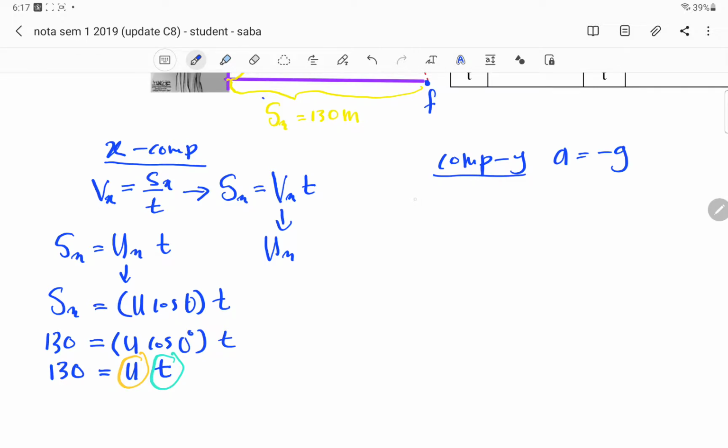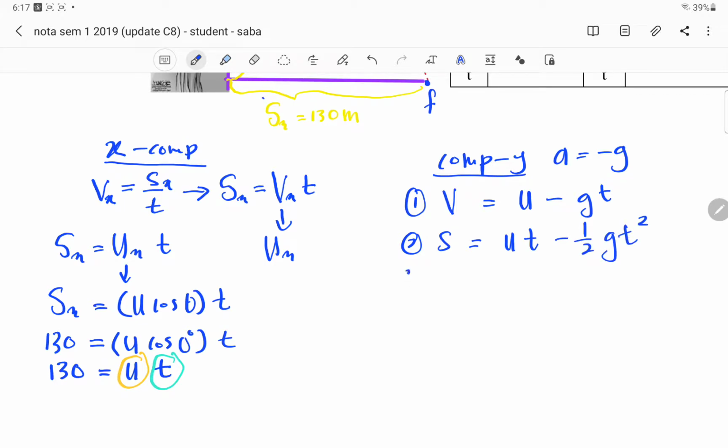Kita listing dulu formula. Number 1, V is equals to U minus GT. Number 2, S is equals to UT minus 1 over 2 GT square. Number 3, V square is equals to U square minus 2GS. Because of Y component, kita spesifikkan V in Y component Vy, U in Y component Uy, displacement in Y component Sy, Uy, Vy, Uy dan Sy.